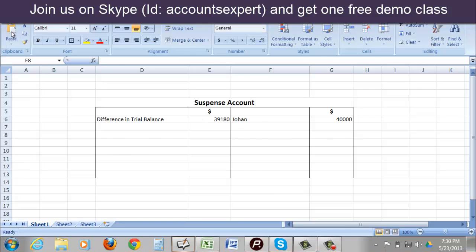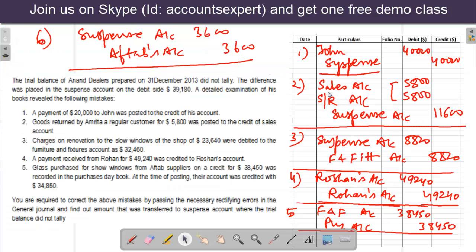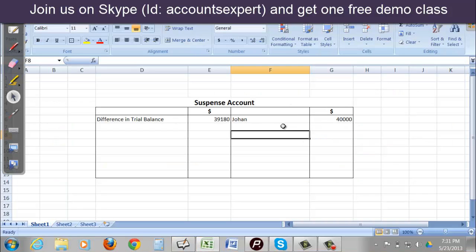Now in the second entry, sales account debited, sales return account debited and suspense account credited. So on its credit side I will write sales 5,800 and sales return 5,800. Total 11,600.